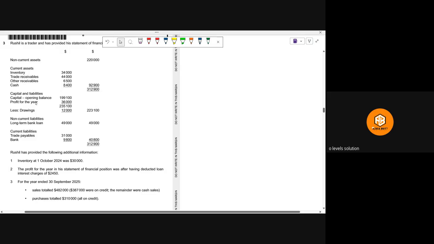As you can see, profit for the year is 36,000, and they are saying that this is the profit we got after deducting the loan amount. But we have to find out the operating profit. Remember that in the operating profit, the interest amount is not deducted. So that is why we have to add it back.